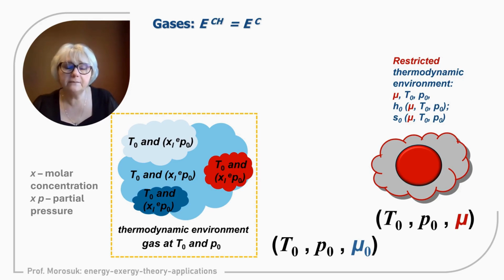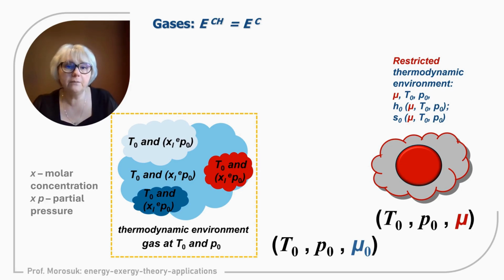And let's say the red working fluid, without mentioning the exact working fluid, under the restricted thermodynamic environment, when we calculated physical exergy, can be described using the chemical potential of this working fluid, but at the temperature and pressure of the environment.